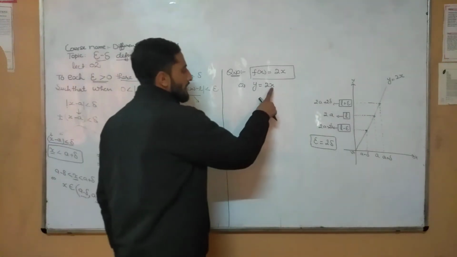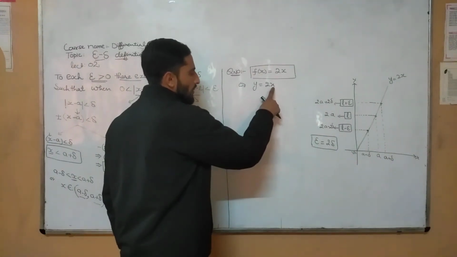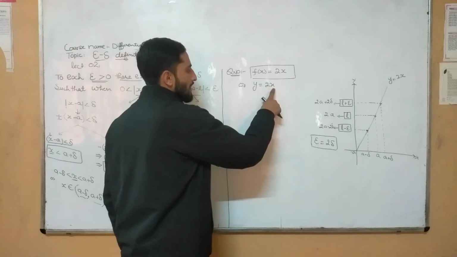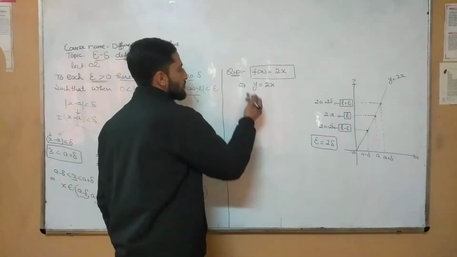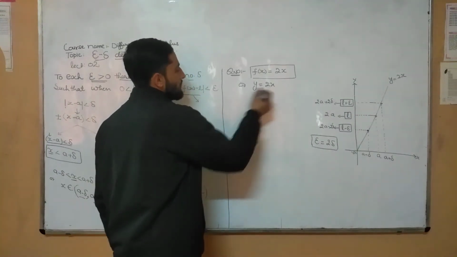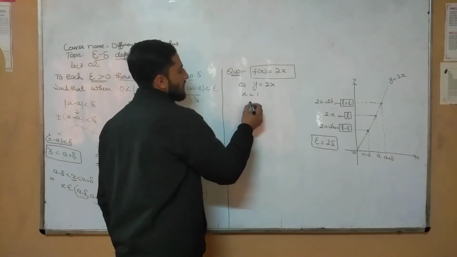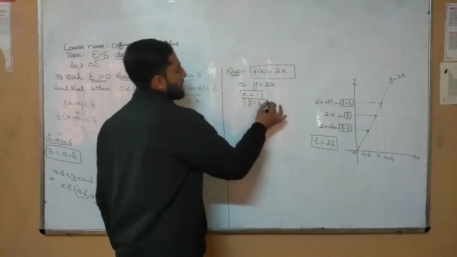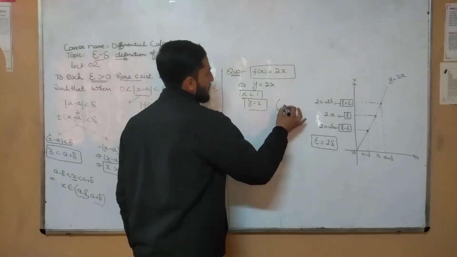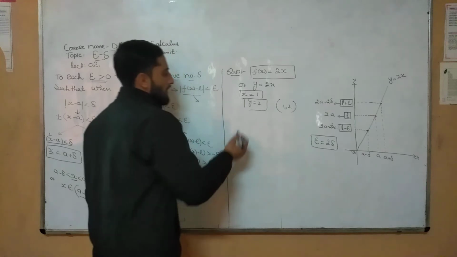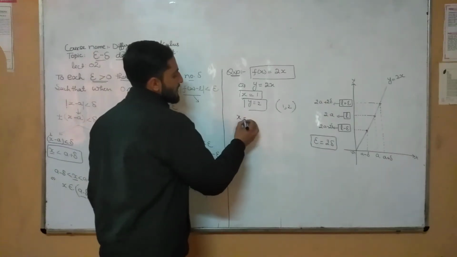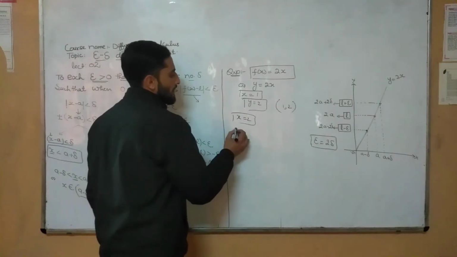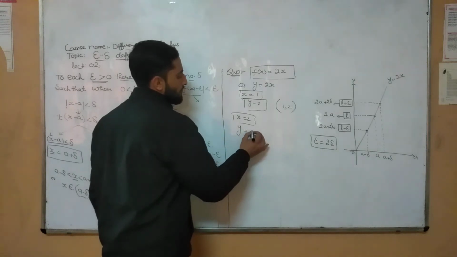If we put any value of x here, we get y. If we choose x is equal to 1, then y is equal to 2. Similarly, we write it this way: (1, 2). If we take x is equal to 2, y will become 4.